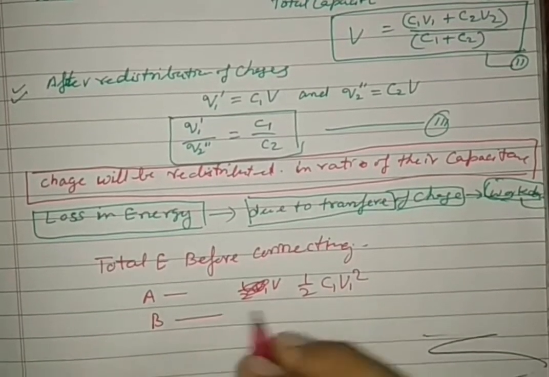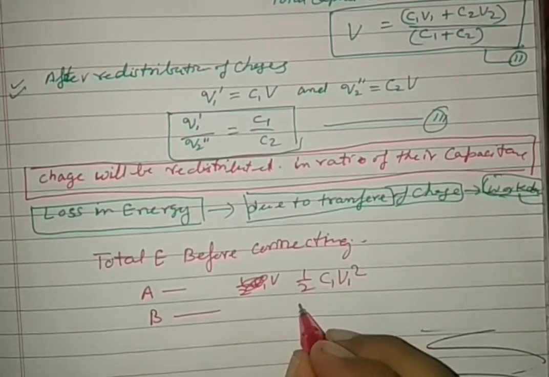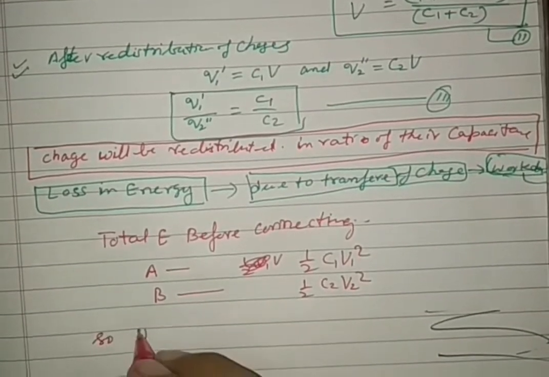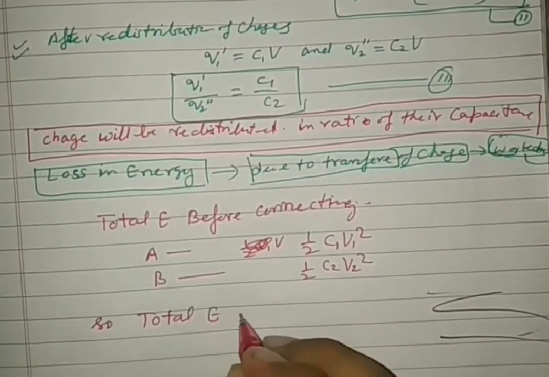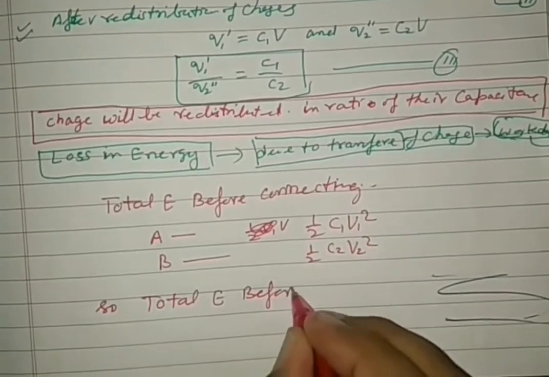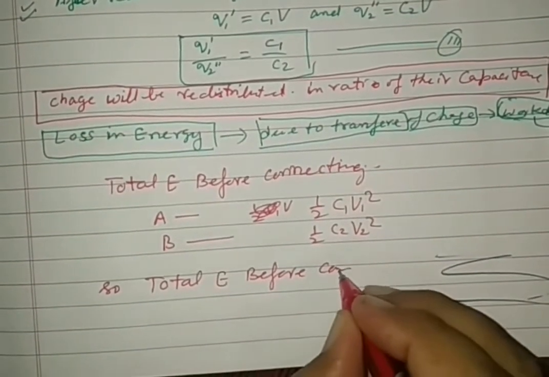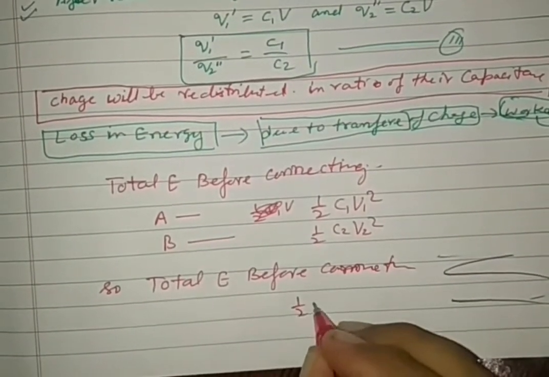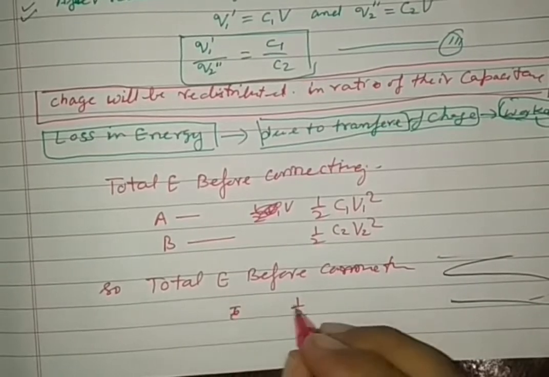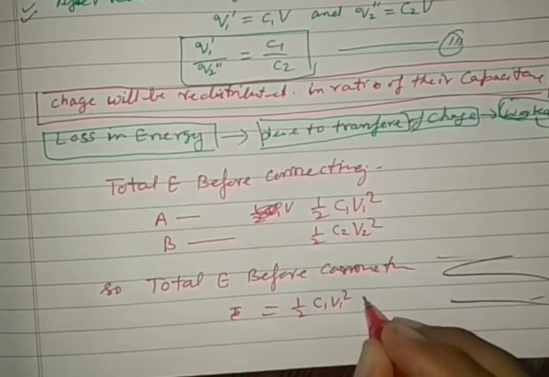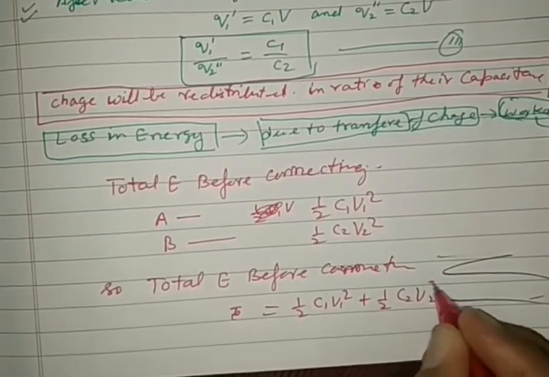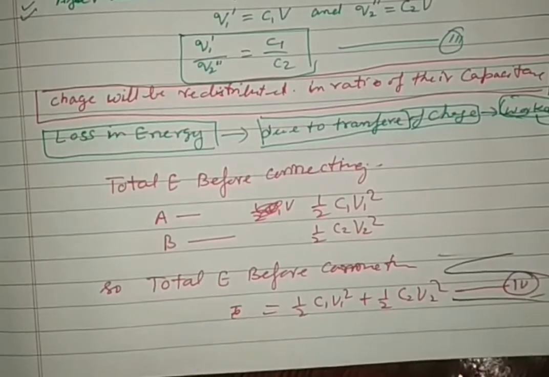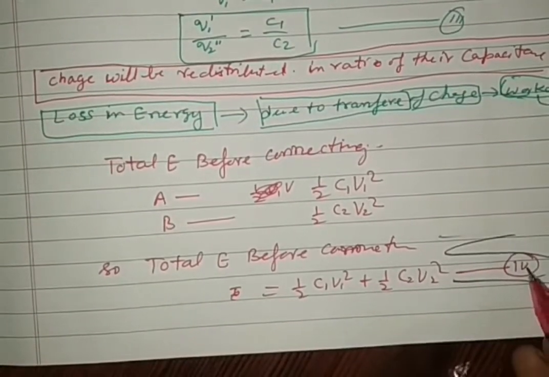And before connection, the energy of B is half C2 V2 square. So total energy before connection is equal to half C1 V1 square plus half C2 V2 square, and this is written in equation number 4.